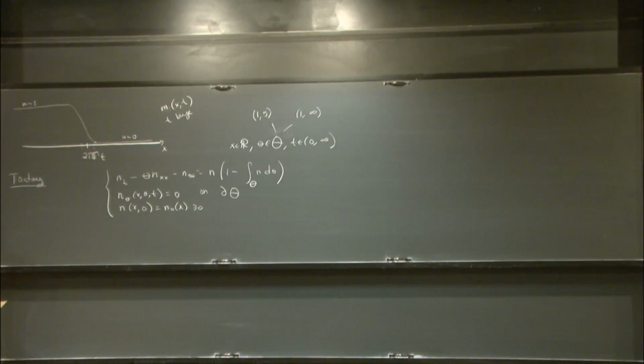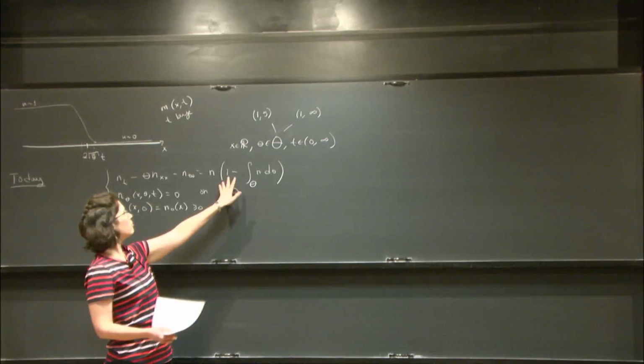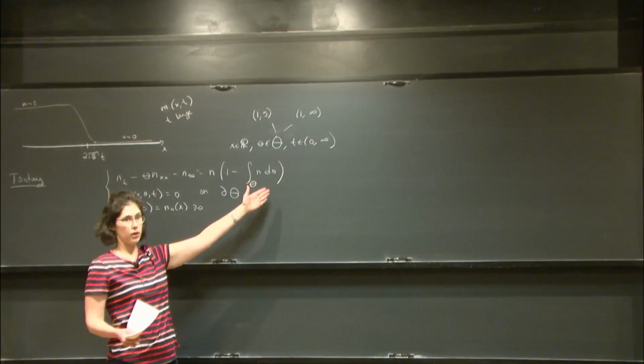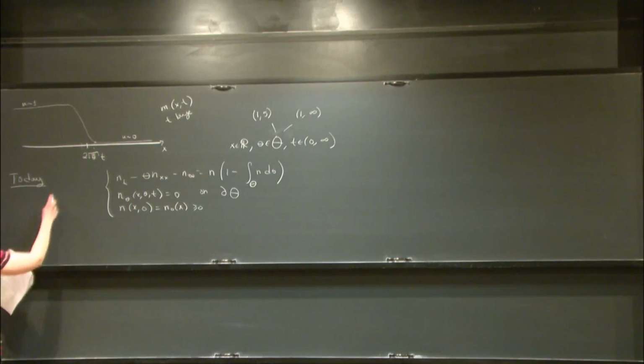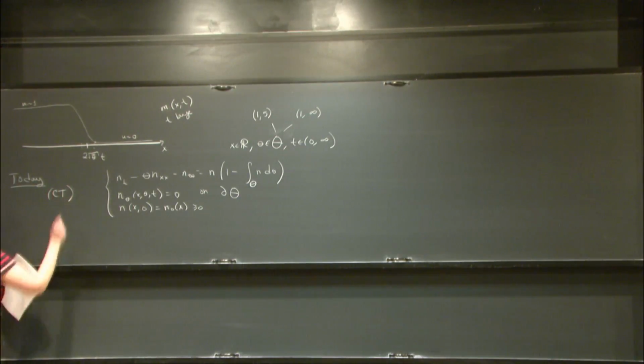Before I begin, I'll point out an important difficulty, and we'll see it's not just a difficulty, it's essential to the character of the problem: this equation is non-local. I call it CT, for cane toads equation.